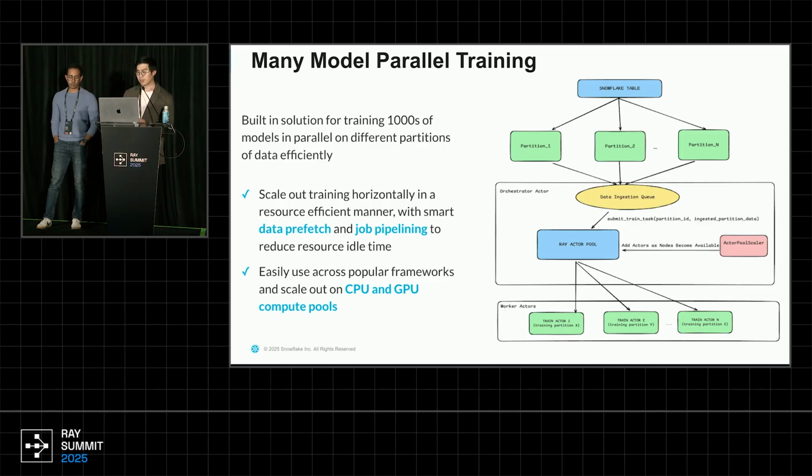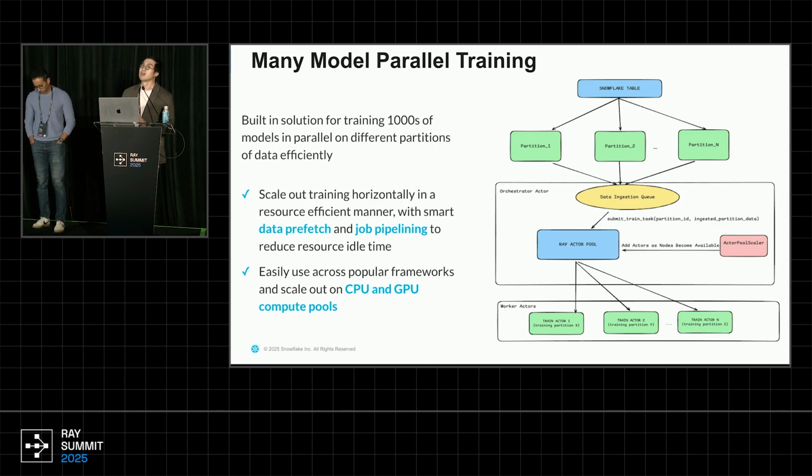One other main feature worth pointing out is that a lot of times this many model chaining runs very long, and the user might not necessarily know how many nodes or resources to specify upfront. So we allow users to scale up or down while the workload is still running.